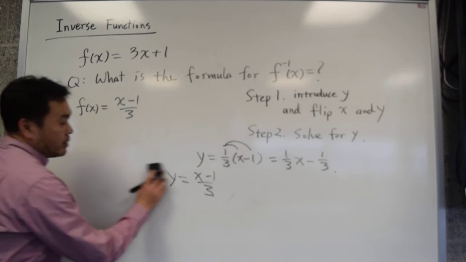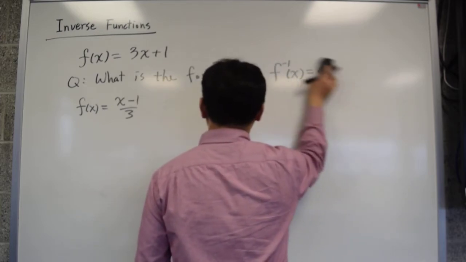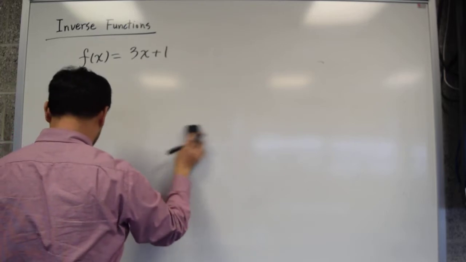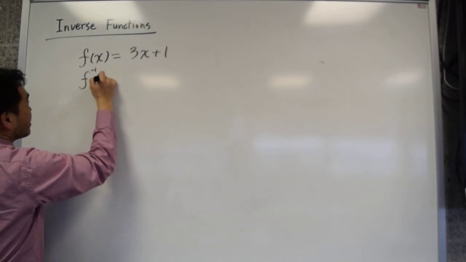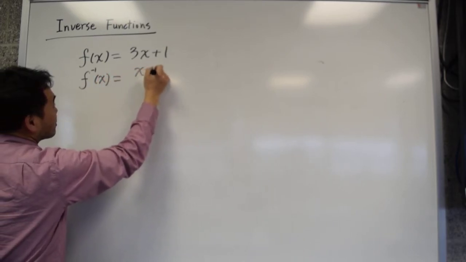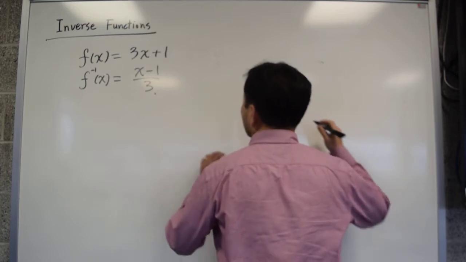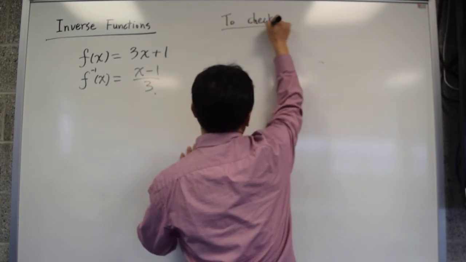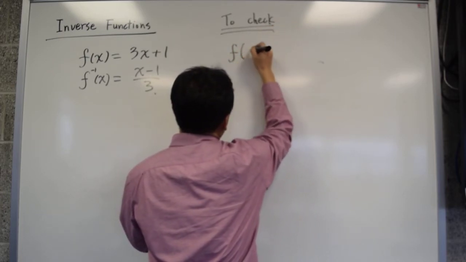All right, and then lastly, hopefully that wasn't too confusing. Lastly, there's an important way to check whether your formula is correct or not, which is to check if you compose f with f inverse.